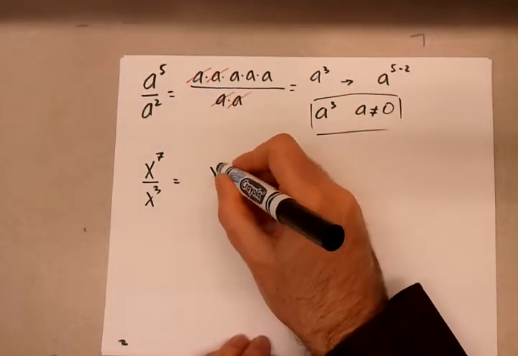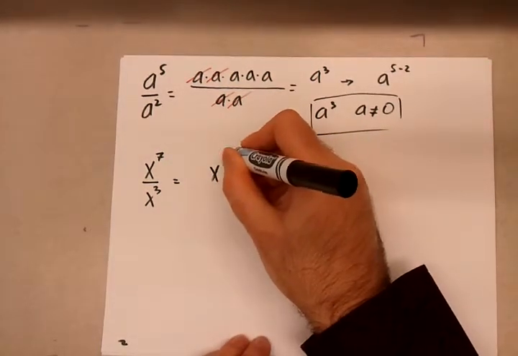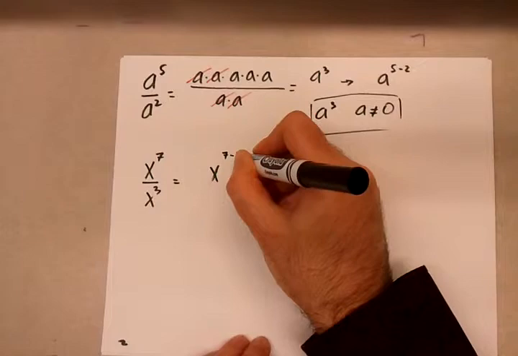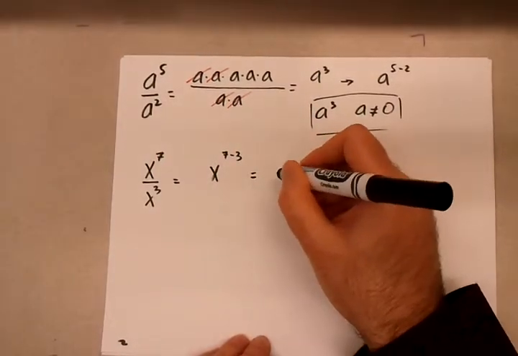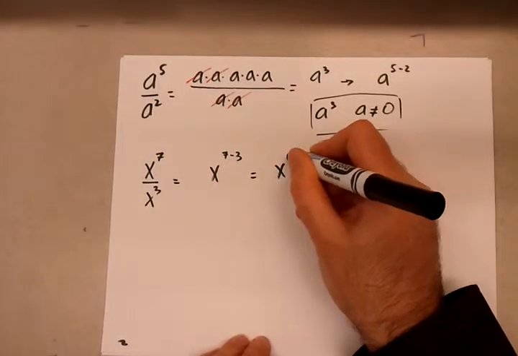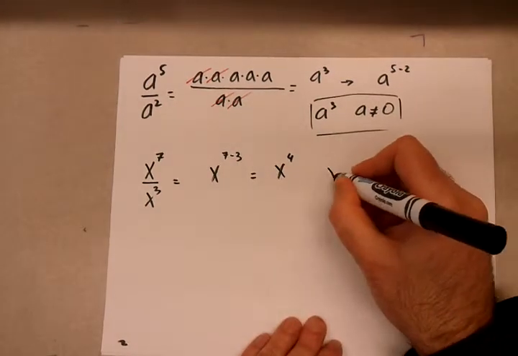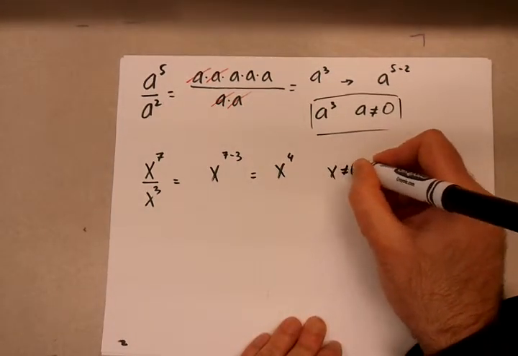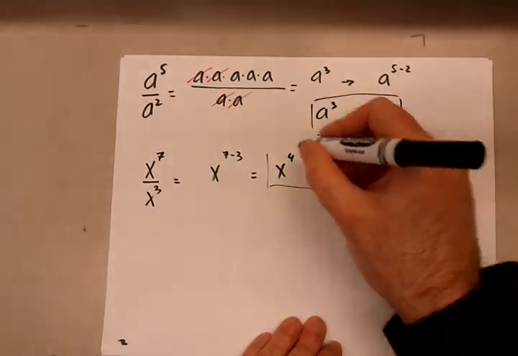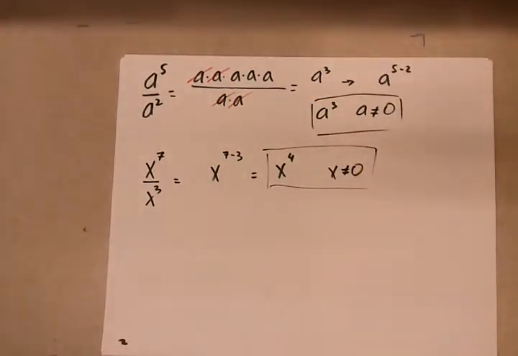So it's going to be x, the base is the same, 7 minus 3 for the exponents, which is x to the fourth power. But you do have to specify that x cannot possibly equal 0 ever in this case, because dividing by 0, well, again, it's no solution.